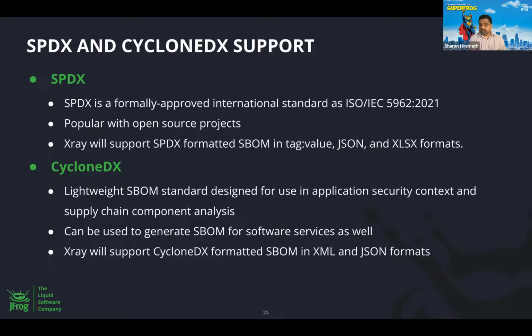It's not a standard yet, but it's on the standards track. There are a lot of contributions going on with CycloneDX, and even JFrog is involved in this standard. So at least in the first version, you will be able to output the SBOM in CycloneDX format. We are going to be supporting both XML and JSON formats.